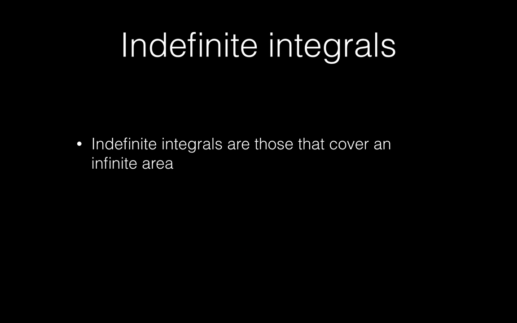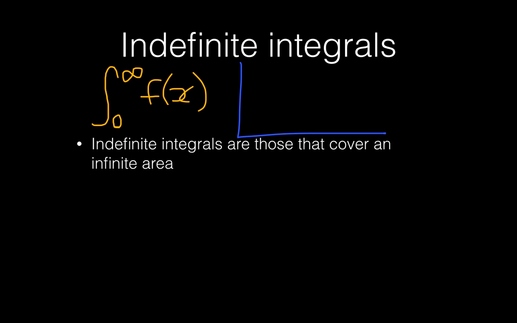Improper integrals. Improper integrals are those that cover an infinite area. So, for example, we can say the integral bounded by 0 and infinity of f of x. If we look at the graph of this, it is going to be taking the area underneath all of this all the way to infinity.